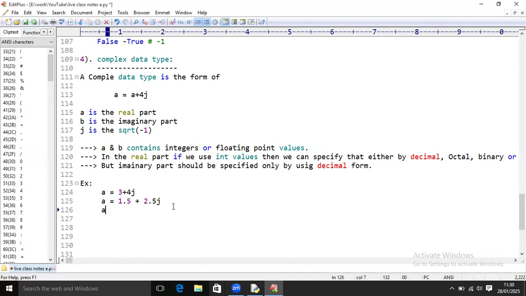And third one, a equal to 3 plus 0b1010j. Is it accepted? No, it will not accept, because the imaginary part won't accept binary, octal or hexadecimal. It only accepts decimal and j only. So it is invalid.